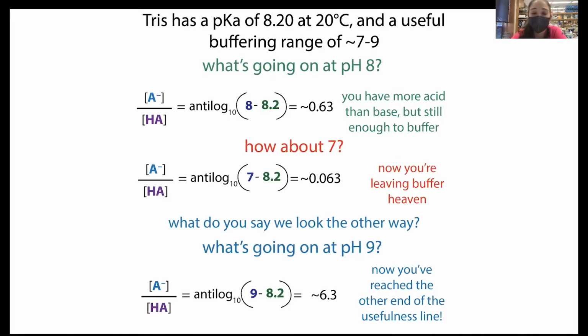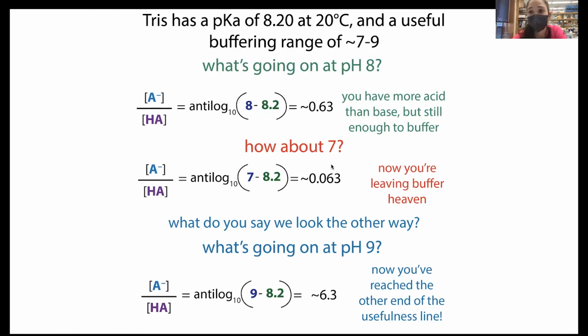And you can see that Tris has a pKa of 8.2 at 20 degrees Celsius and a useful buffering range of 7 to 9. So at a pH of 8, if you put it all into that equation, you see that you have about 0.63 of the conjugate base to the conjugate acid. So you still have more acid than base, but enough to buffer. When you go to 7, now you only have 0.063.